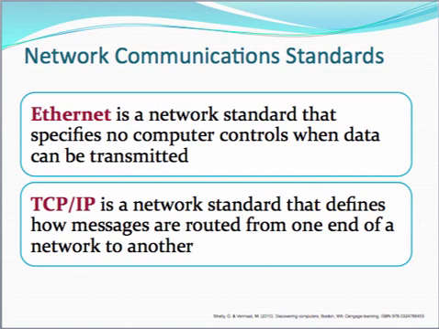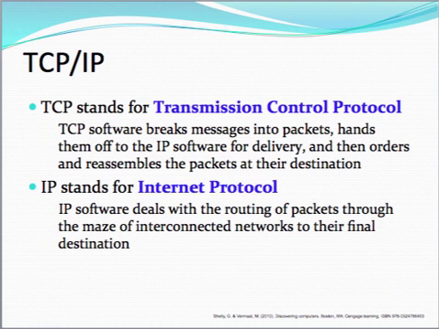Network communication standards. Ethernet is a network standard that specifies that no computer controls when data can be transmitted. TCP/IP is a network standard that defines how messages are routed from one end of a network to another. TCP stands for Transmission Control Protocol.